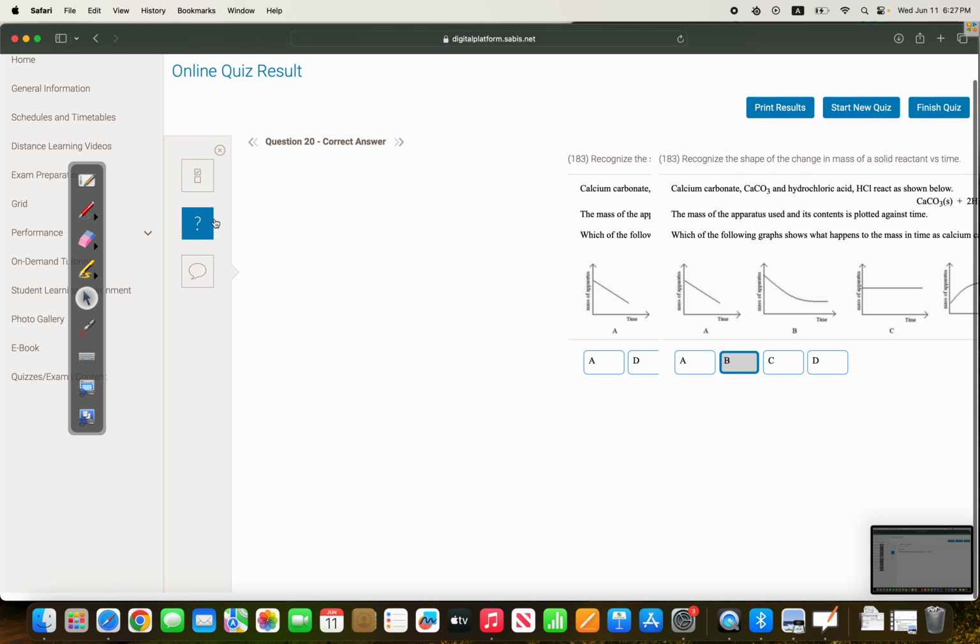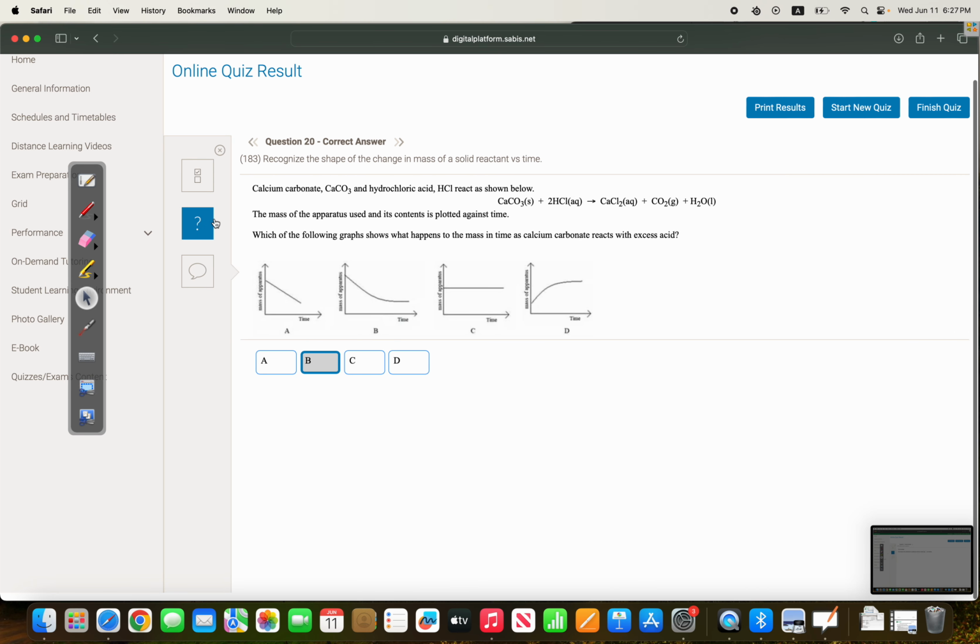Number 20. Calcium carbonate CaCO3 and hydrochloric acid HCl react as shown below. Which of the following graphs shows what happened to the mass in time as calcium carbonate reacts with excess acid?